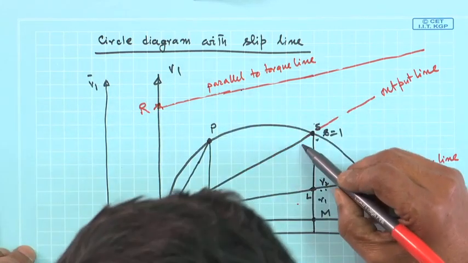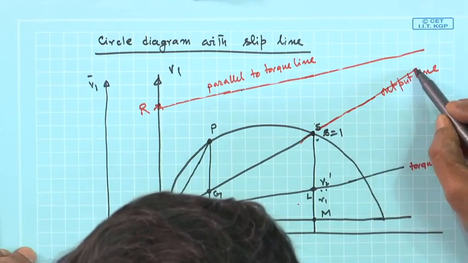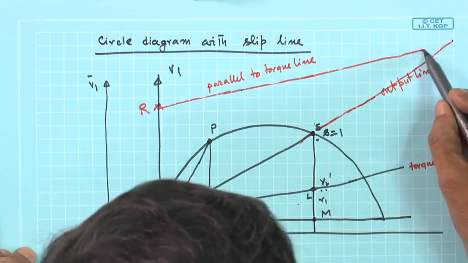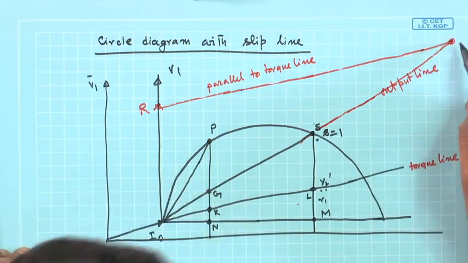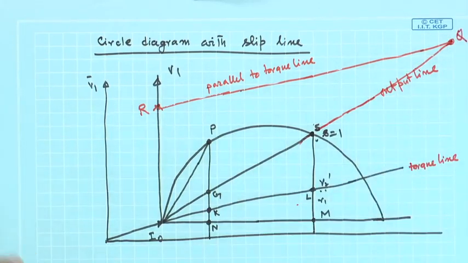And then extend the output line such that it intersects this line at some point Q.